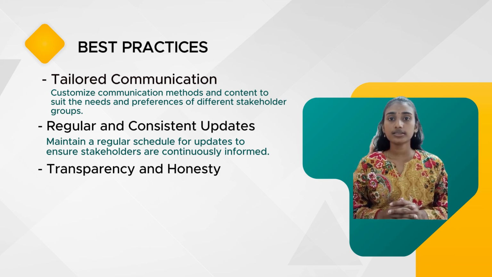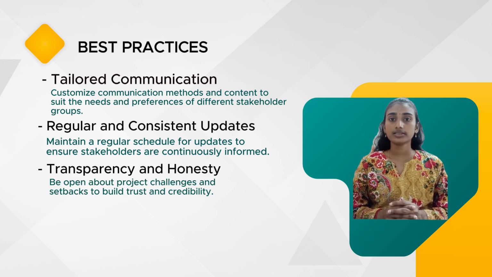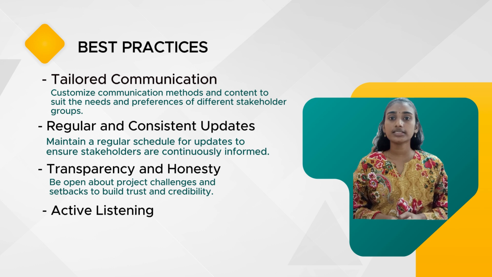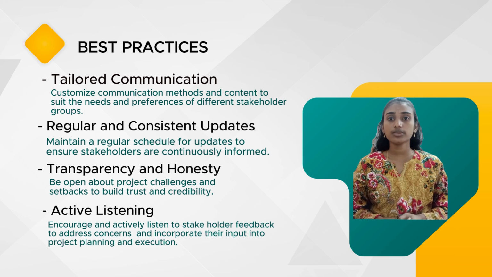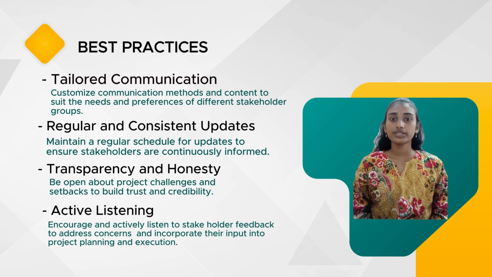Third is practicing transparency and honesty, especially when addressing challenges or setbacks in the project. Building trust requires being open about both successes and issues. Lastly, actively listen to stakeholder feedback and show that their input is valued and considered in decision making. This practice helps build a strong relationship with stakeholders and contributes to the overall success of the project.